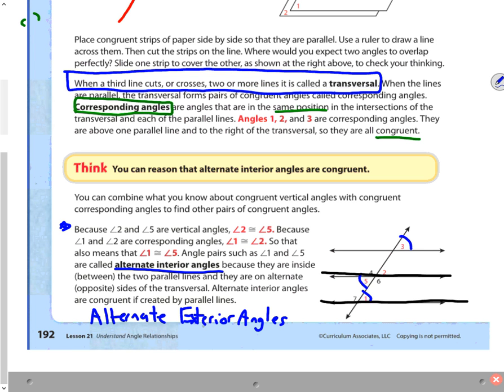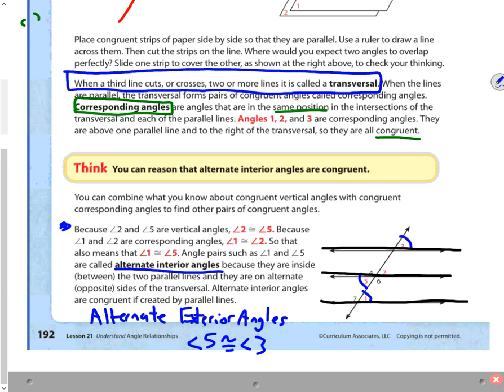Those two angles, angle 5 is congruent to angle 3 because we know angle 5 is congruent to angle 2 and angle 2 is congruent to angle 3. So 5 and 3 are congruent. Those are called alternate exterior because they're on alternate sides of the transversal and they're on the exterior of those parallel lines. Okay, but those are also congruent.